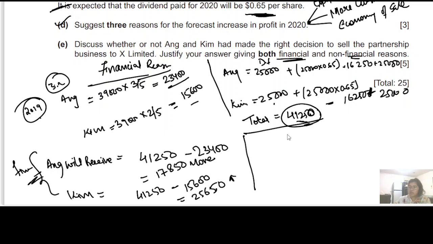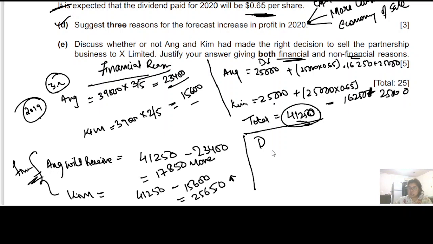Now this is the financial reasons. Now the non-financial reasons. The first thing is, earlier it totally depended on their working style: if they did well in their partnership business, they earned more.